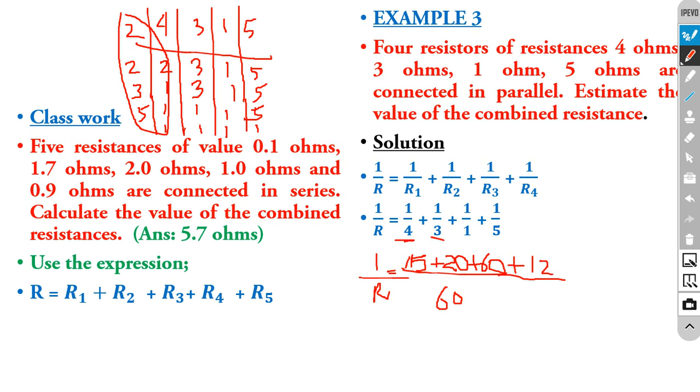Okay, so we have 15 plus 20 plus 60 plus 12, which is 107.